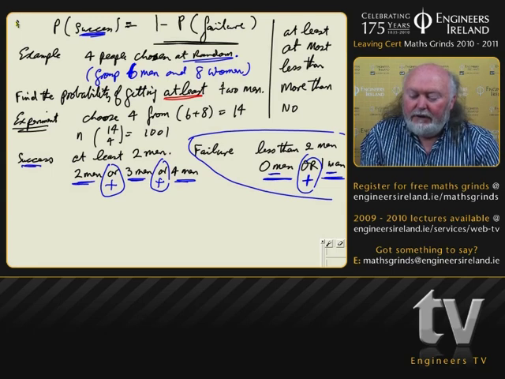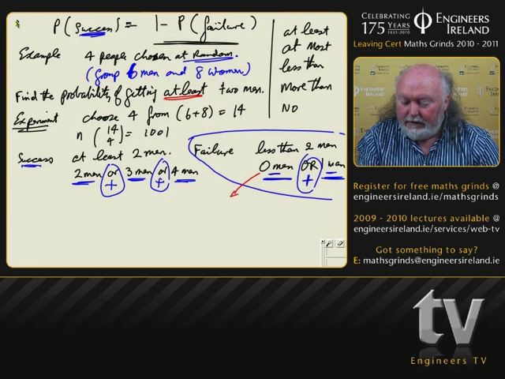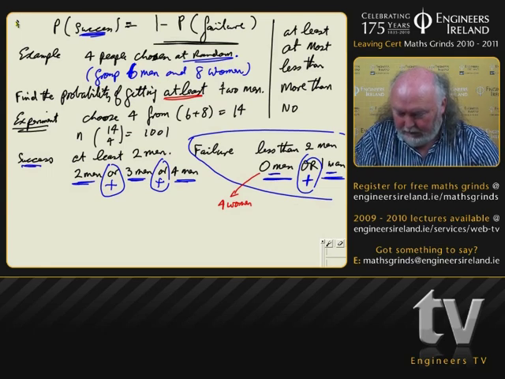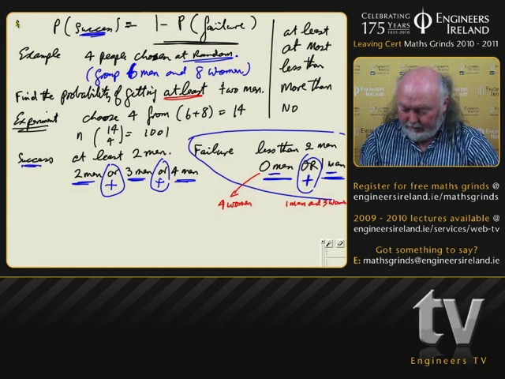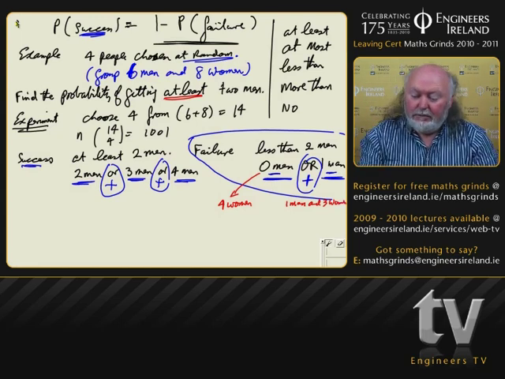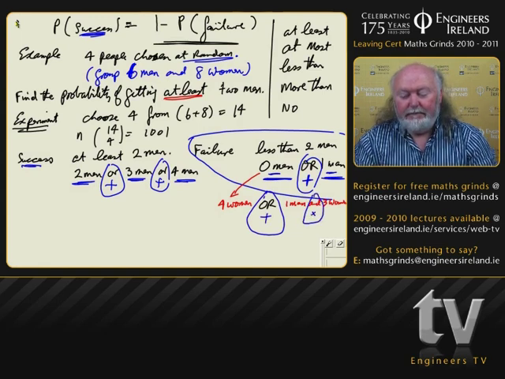So how can you get 0 men? This one here is 4 women and this one here is 1 man and 3 women. And you'll notice in between them there's an or. So we're saying this is a plus and the and is a multiply.